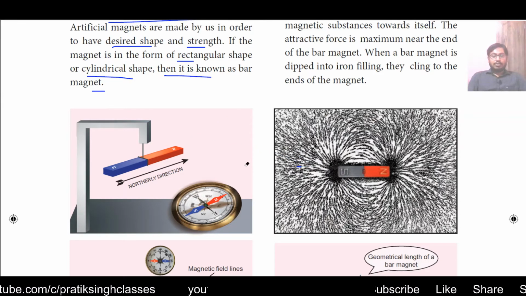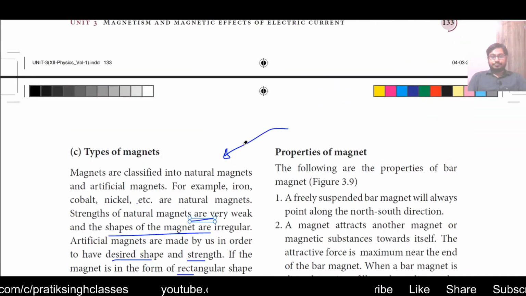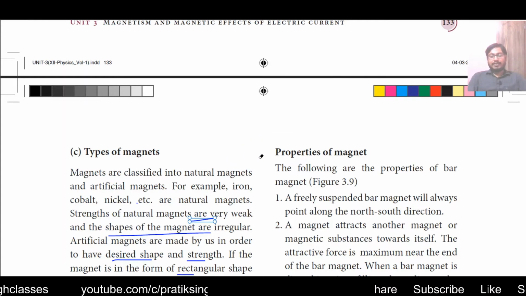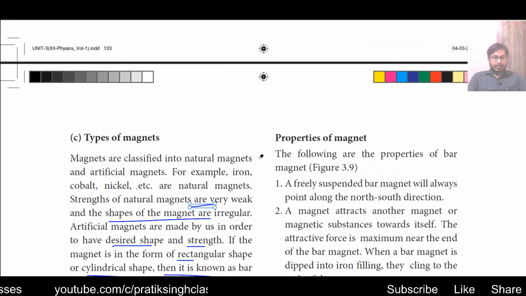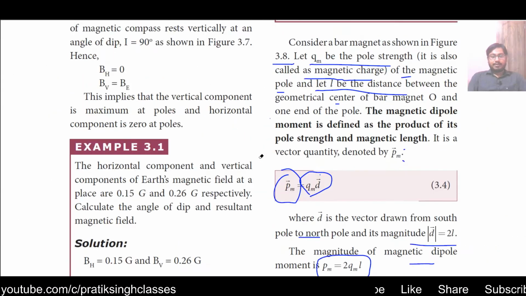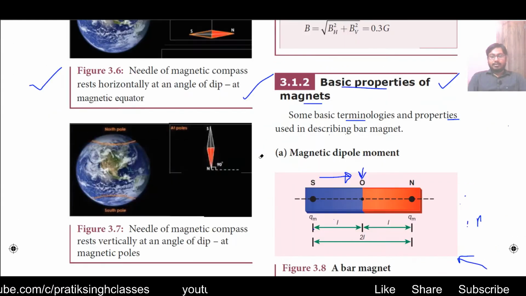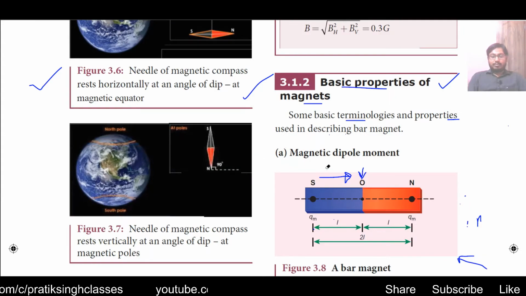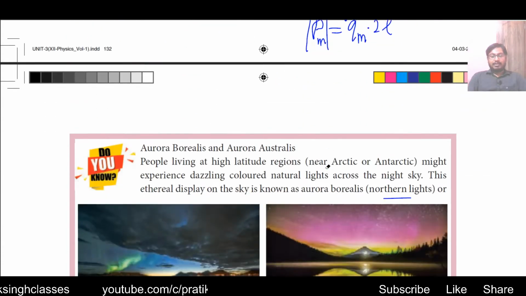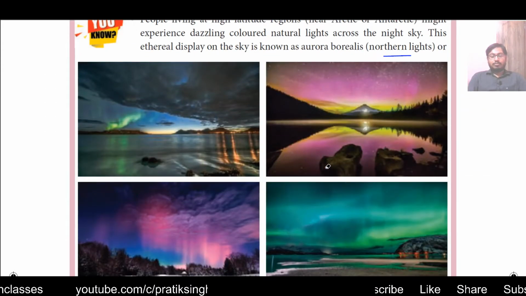Now the next topic is properties of magnets. We will study the basic properties of magnets. Till now we have seen 3 terms: first, magnetic dipole moment, which is denoted by vector Pm. Then we have seen aurora borealis and aurora australis.